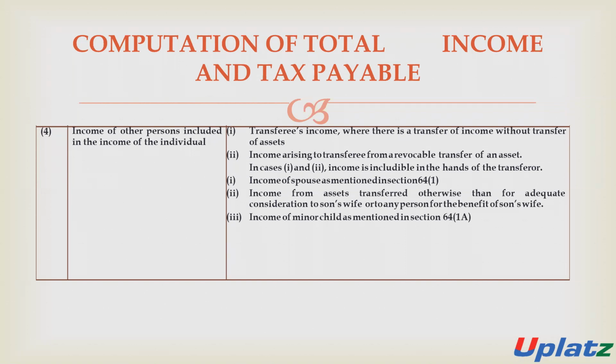So the salary earned by his wife from the job will be taxable in the hands of Mr. A, because he has a substantial interest in such organization. The income of his wife will be taxable in the hands of Mr. A.